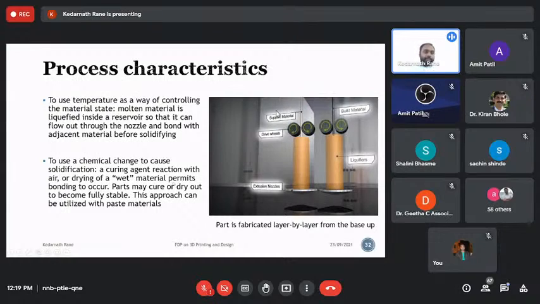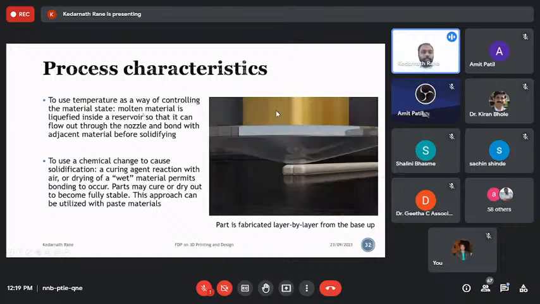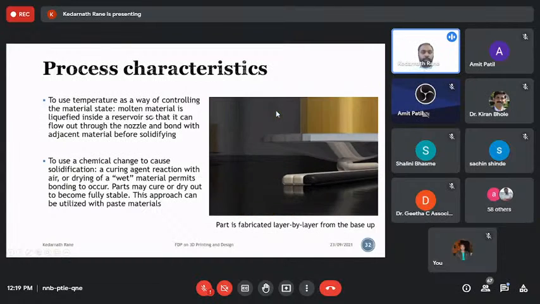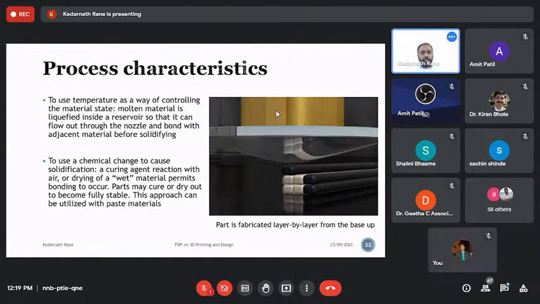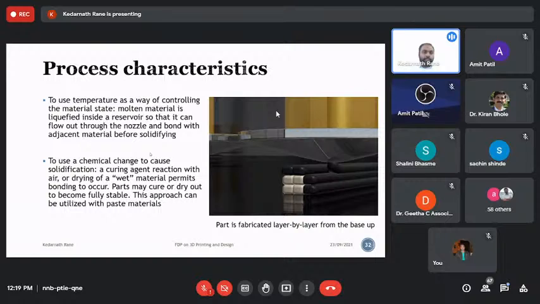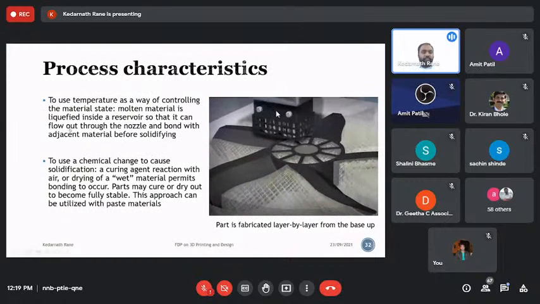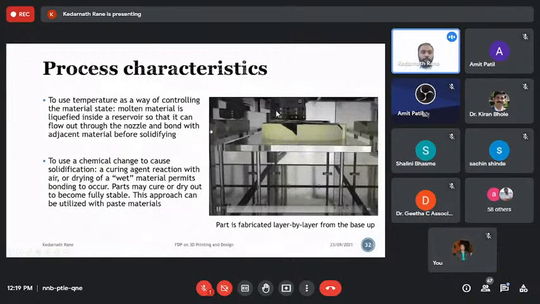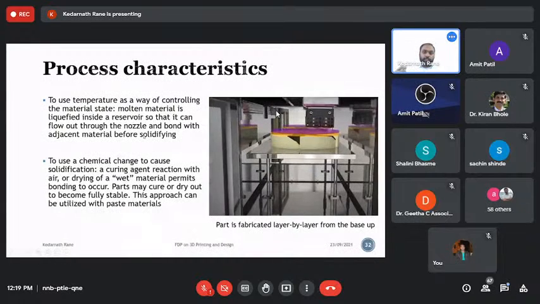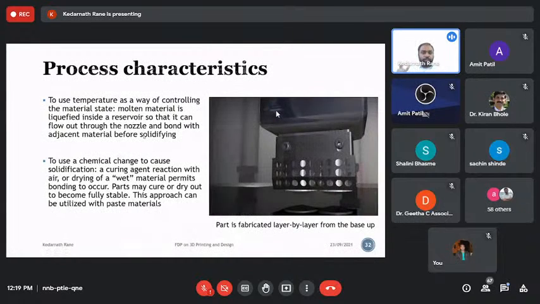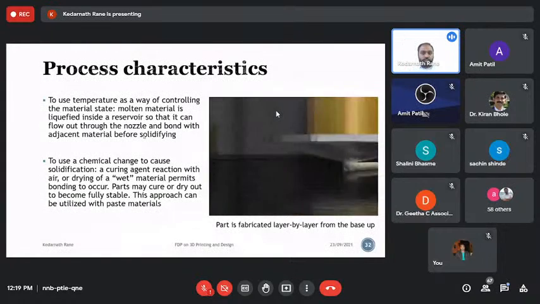The next characteristic is the temperature, when the material is in molten form. There are a few papers I published recently where the melt characteristics of the material inside the liquefier, or inside the reservoir, are modeled through CFD analysis, and it is very much influenced by the constituents of the material, as well as the pressure that you are applying for extrusion.